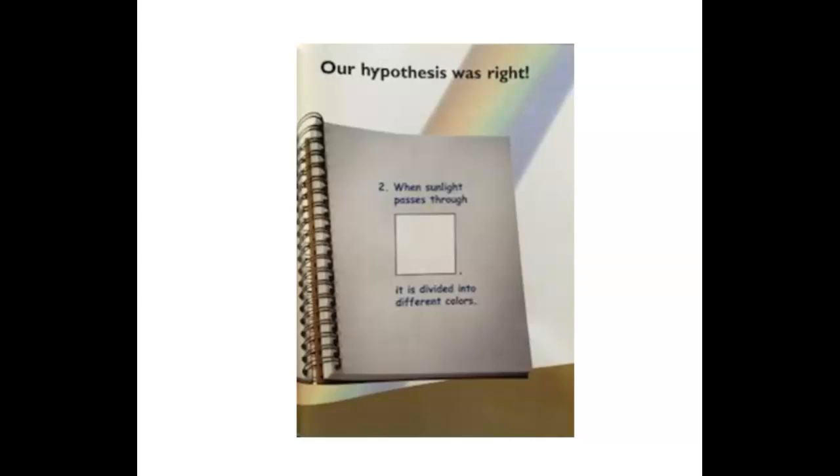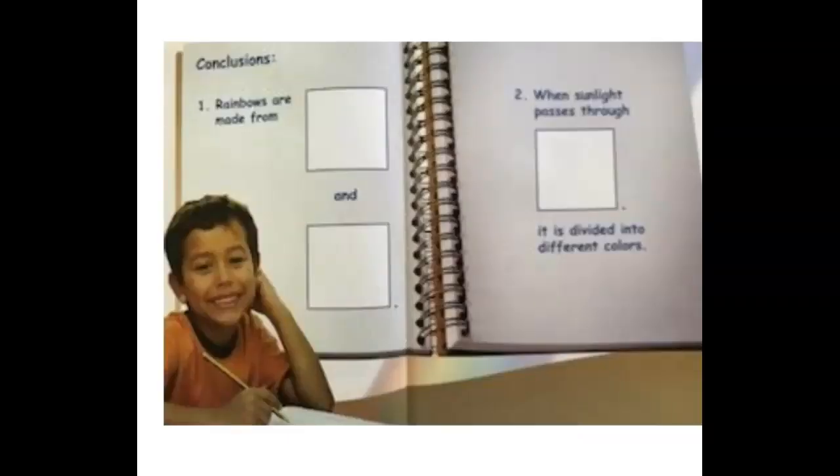When sunlight passes through water, it is divided into different colors. Rainbows are made from light and water. When sunlight passes through water, it is divided into different colors.